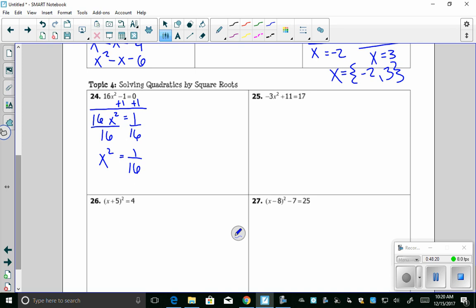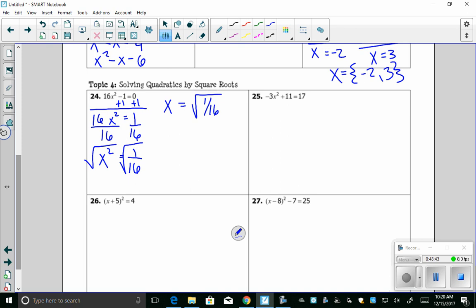The inverse of something being squared is the square root symbol. Square root both sides, so that I get x equals the square root of 1 over 16. This is not your final answer. It can simplify.